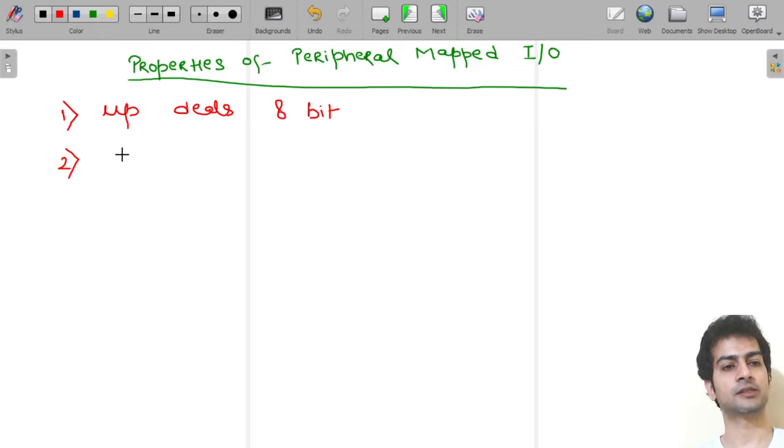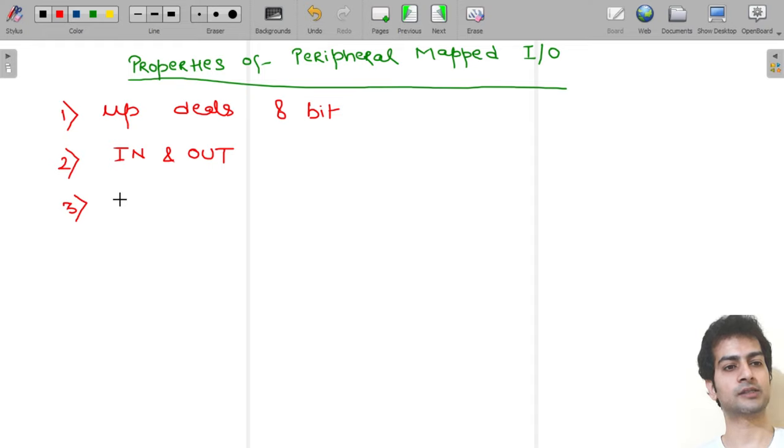Now the second one is that the two important instructions in peripheral mapped input output are the in and out instructions.